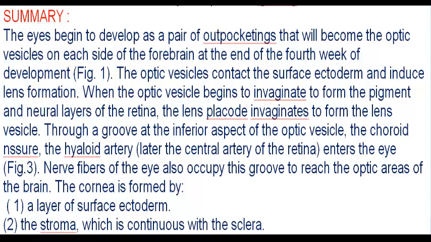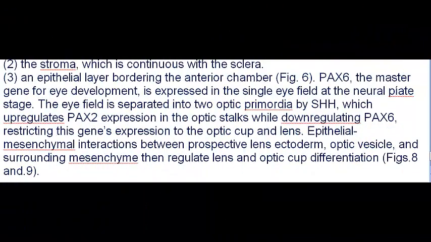The cornea is formed by: 1. A layer of surface ectoderm. 2. The stroma, which is continuous with the sclera. 3. An epithelial layer bordering the anterior chamber, Fig. 6. PAX6, the master gene for eye development, is expressed in the single eye field at the neural plate stage.